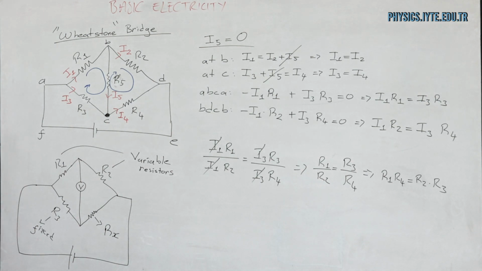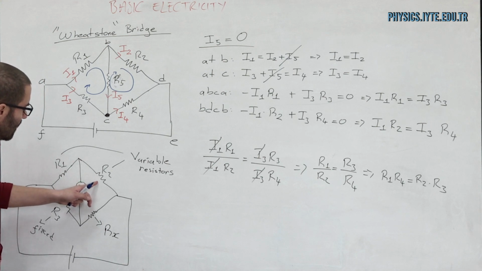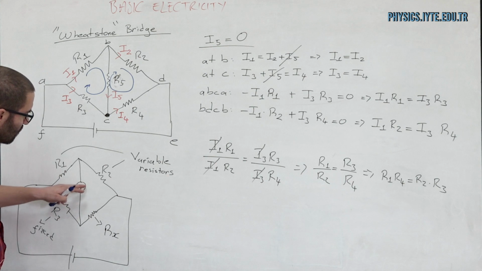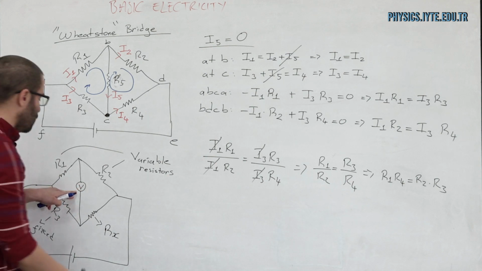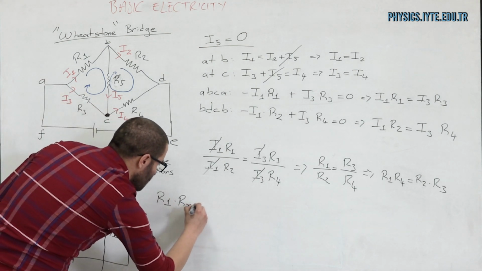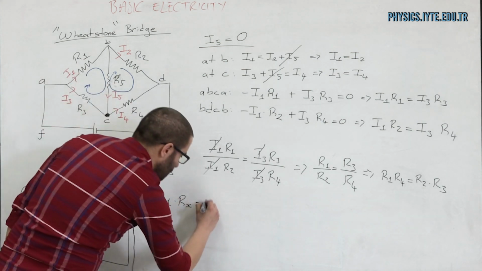So what happens is, by adjusting the values of R1 and R2, my aim is to get a reading of 0 from here. If I do that, then I can write R1 times Rx is equal to R3 times R2.